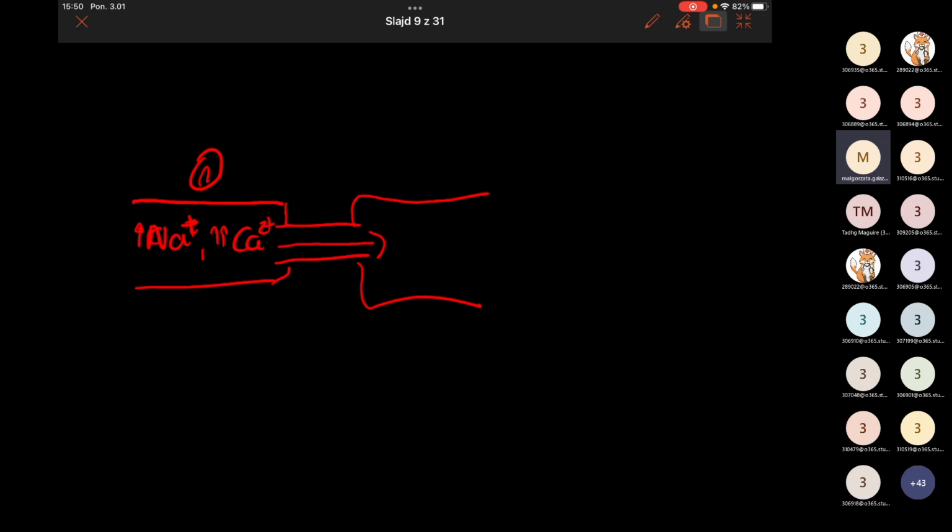The influx of positive charges increases the membrane potential, and this increase, mostly due to calcium, activates fast voltage-gated sodium channels. This is how the action potential starts being generated in cardiomyocytes.